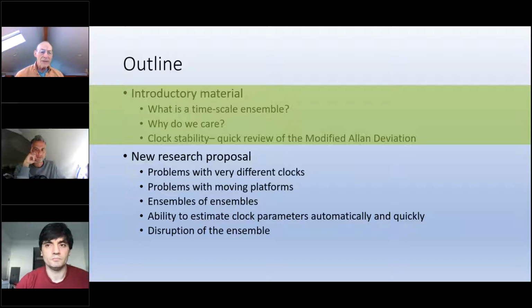And then I'm going to talk about what is a timescale algorithm or an ensemble created by a timescale algorithm. Why do we care? Oh, right, the stability is later. So the quick review of the Allan deviation is later. Okay, and then that's the first part. And then I'm going to spend some time talking about what are the problems, and I don't present solutions because I present questions. Here are the questions that need to be answered.